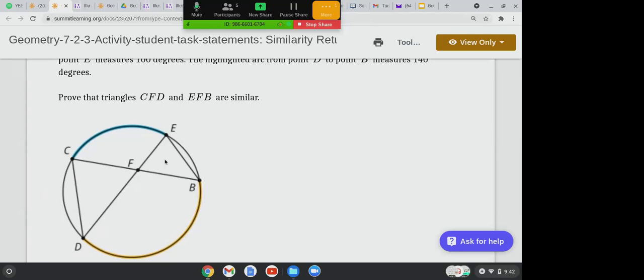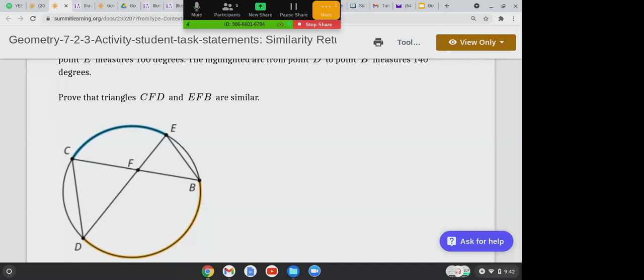We are going to prove that they are similar by finding the measure of the three angles that make up the triangle. Good morning. How you doing? We talked on Thursday that the measures of the three angles of a triangle should total 180 degrees, so we need to tuck that information away.